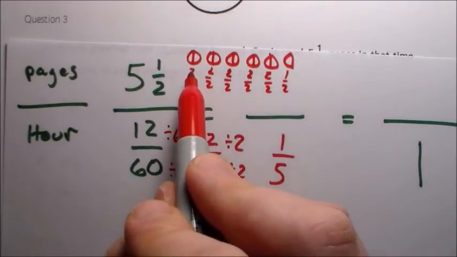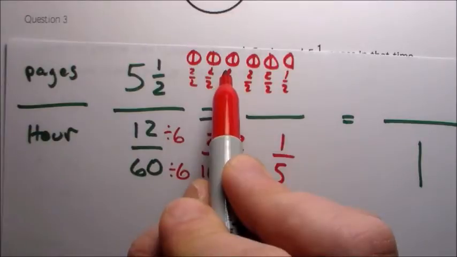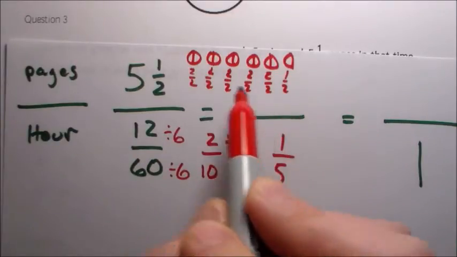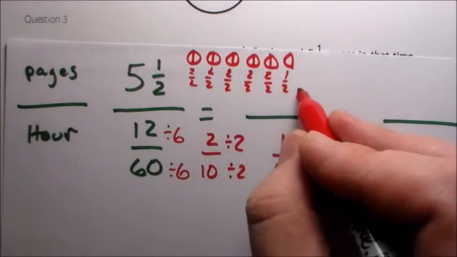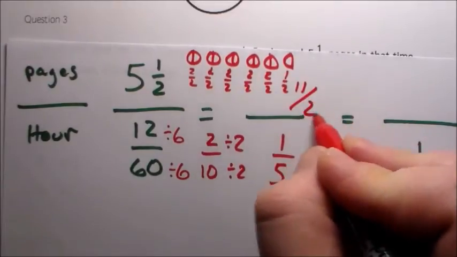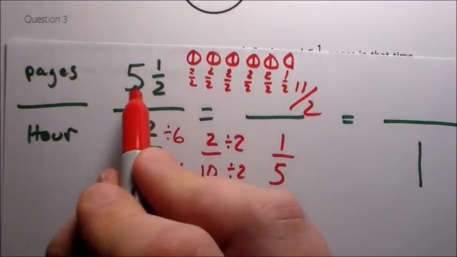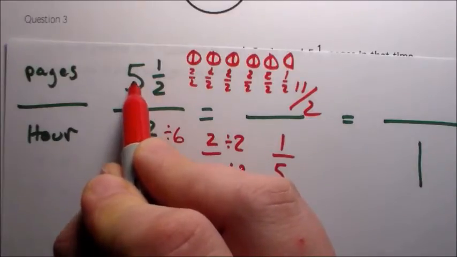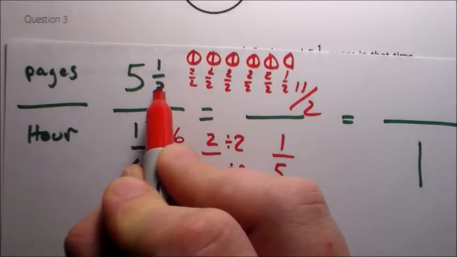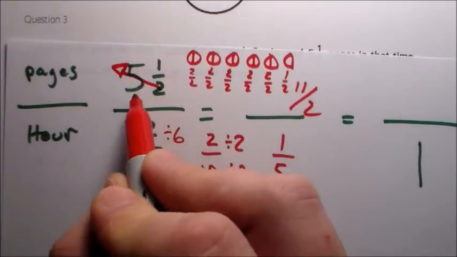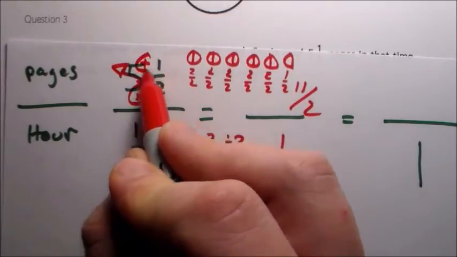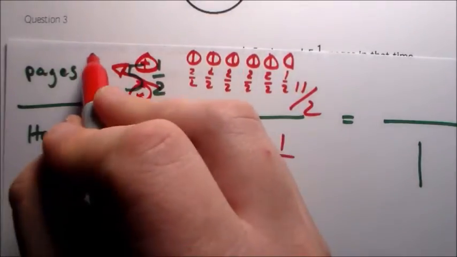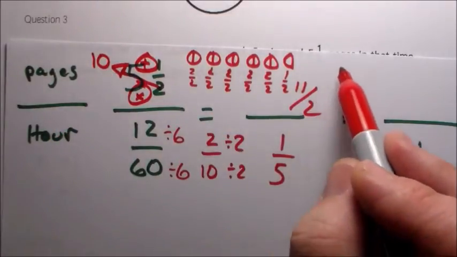That's 11 over 2. We have 11 halves. We know that because we multiply the whole number by the denominator, so it's 2 times 5 plus 1. 2 times 5 is 10, plus 1 is 11, so we have 11 over 2.